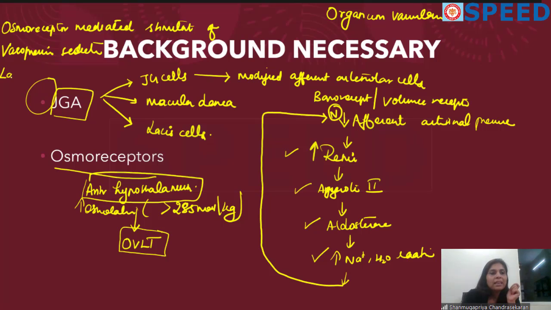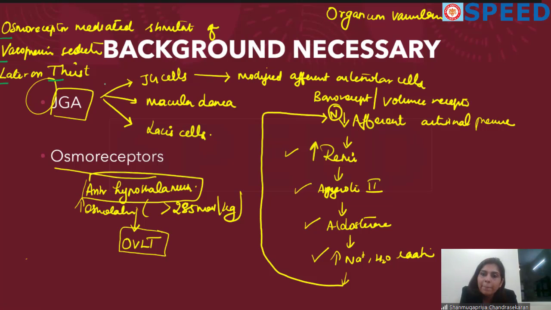LT stands for later on thirst. So whenever there is hyperosmolality, osmoreceptors in the anterior hypothalamus get stimulated, and they stimulate vasopressin first, and then they stimulate thirst.